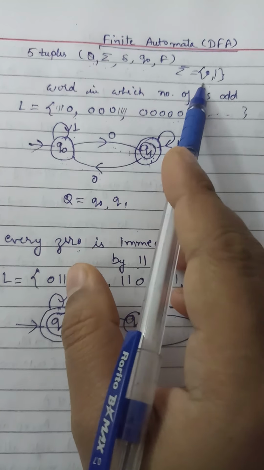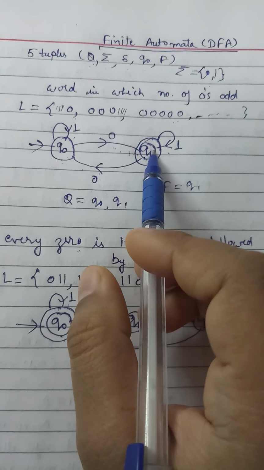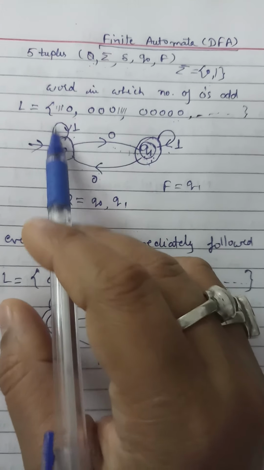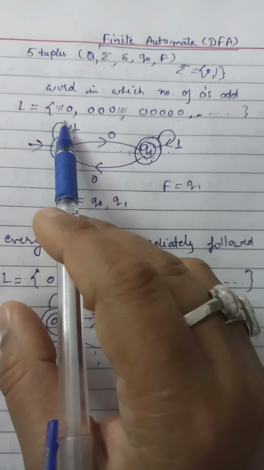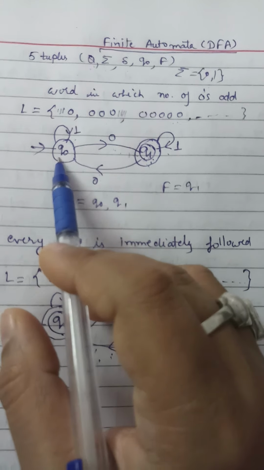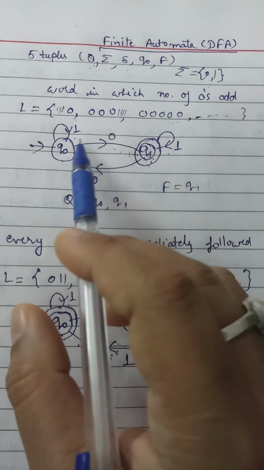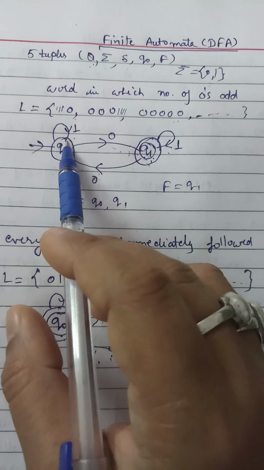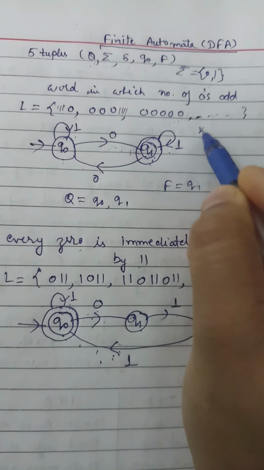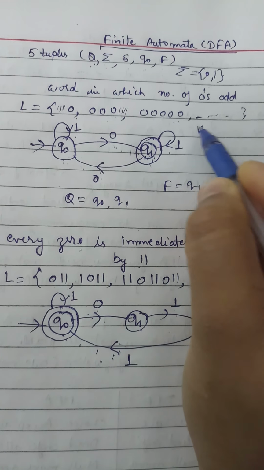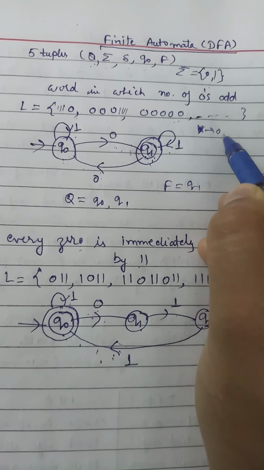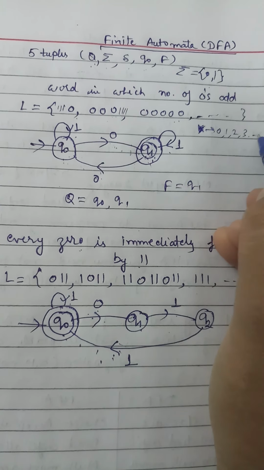But as we have alphabet 0 and 1 and we do not need to control 1, we can make a loop of 1 on Q0, and we can make a loop of 1 on Q1 also. So either it can run or it cannot run. It is just like a star, in which we have 0 times, 1 time, 2 times, 3 times and so on.